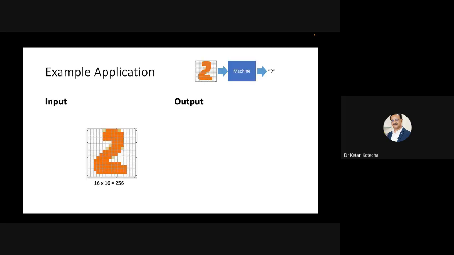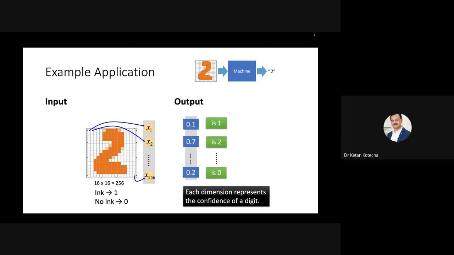So to summarize, I have an image of a 2, which is a 16 cross 16 pixel image, so 256 pixels. So I need to have 256 inputs to my neural network, 1 or 0. If there is ink, that is 1. If there is no ink, that is 0. I can have the entire network in between, which is not drawn, and this is the output of the network.